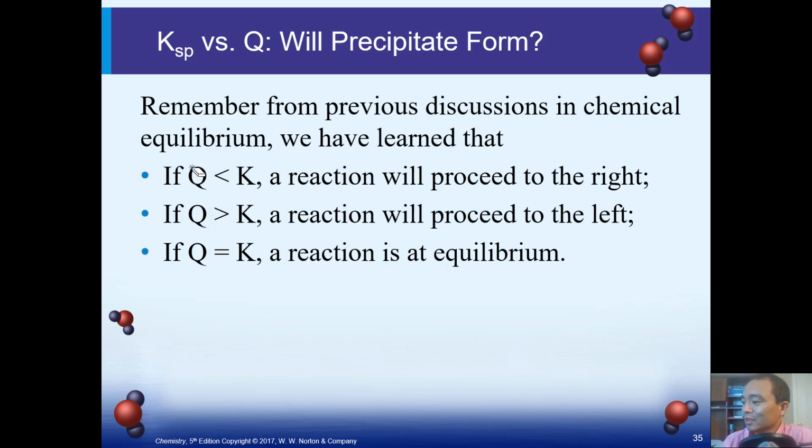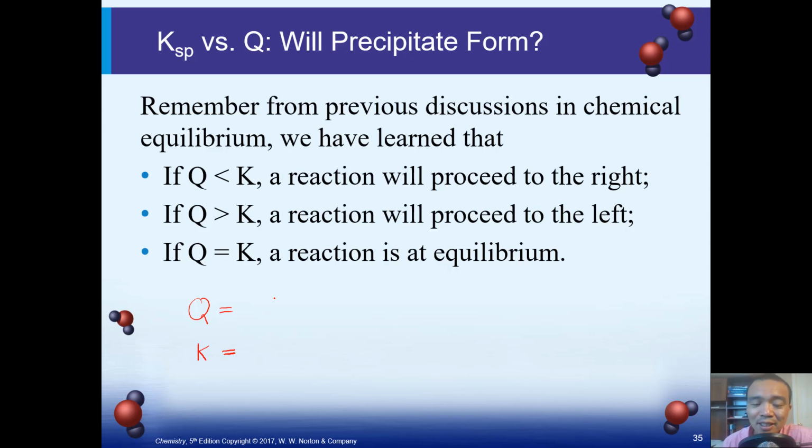Remember Q, if you still recall, Q and K take exactly the same form, but the meaning is different. Q is all current concentrations in a ratio, the products over the top and the reactants at the bottom.